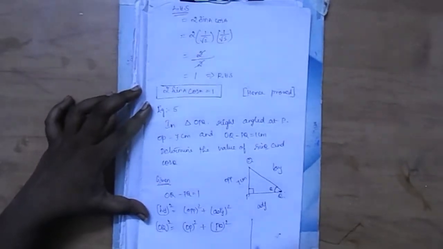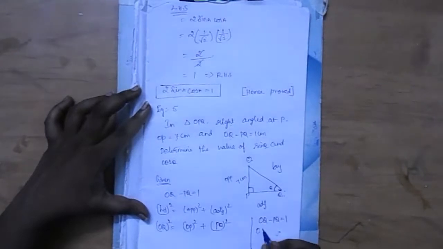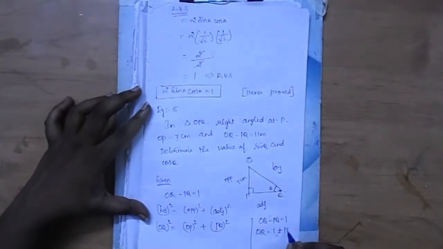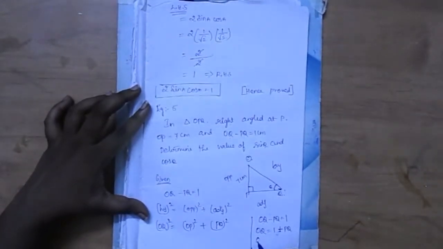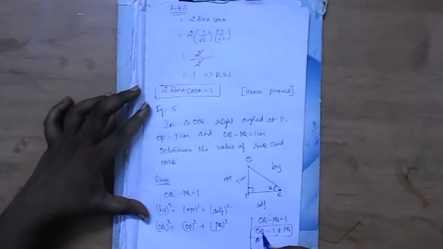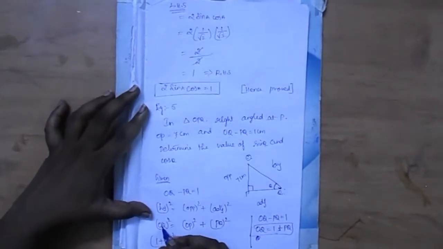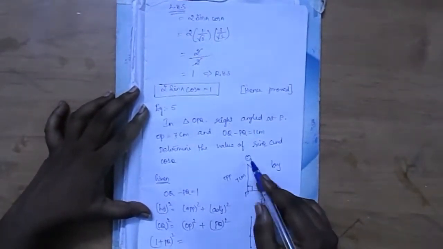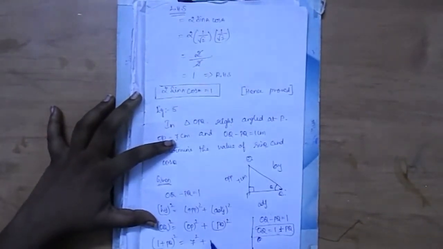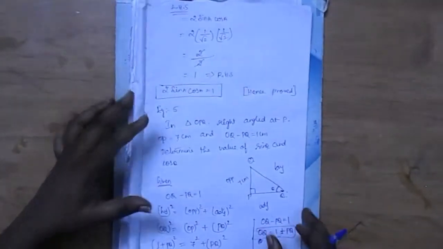Given OQ minus PQ equal to 1, so OQ can be written as 1 plus PQ. Put this value in the equation: 1 plus PQ the whole square. Instead of OQ we apply this value. Already given OP value is 7, so we apply 7 square plus PQ square.